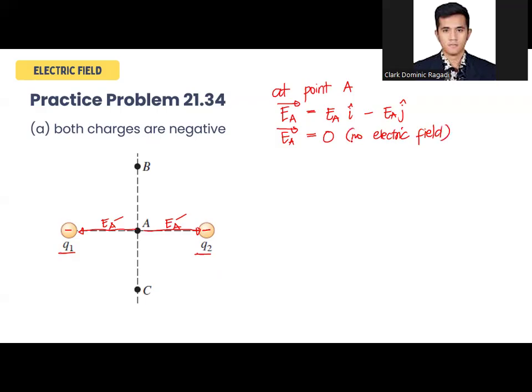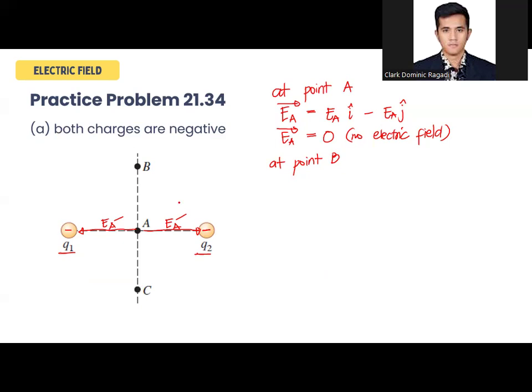Okay, next, let's do point B. So I have our point here. Again, our electric field lines will be directed towards the charges.